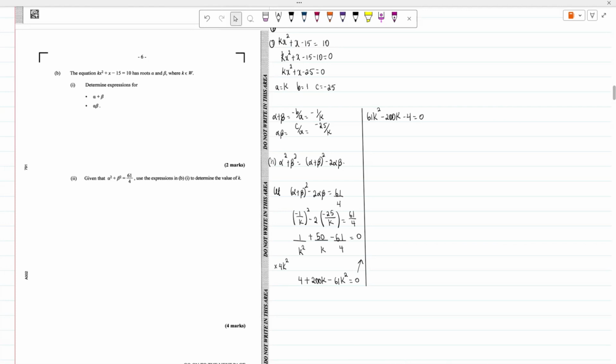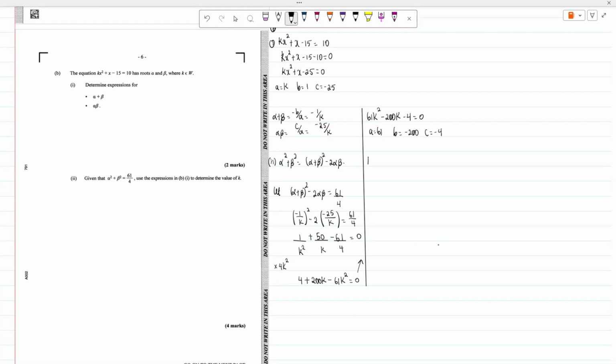Now, I don't know if this is factorizable. Let me check and see. If it is, be glad. 61, 200, and 4. Not factorizable, so we have to go into our quadratic formula. Okay? So A is 61, B is minus 200, and C is minus 4.